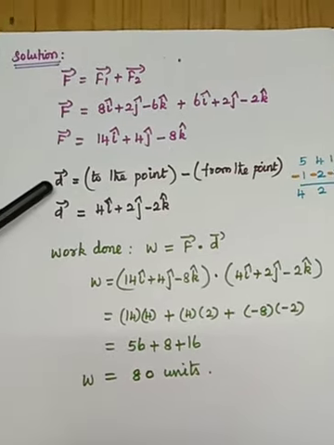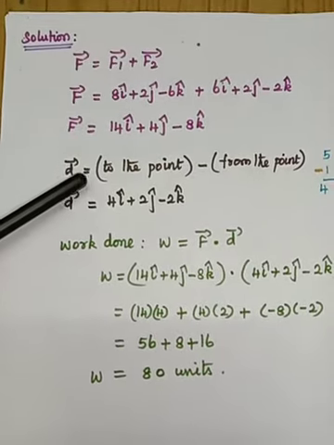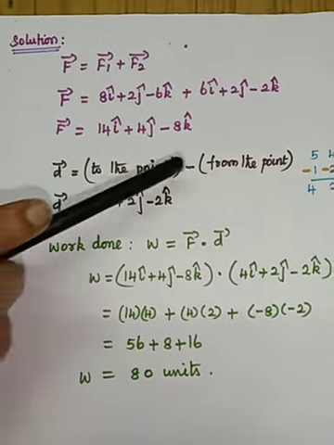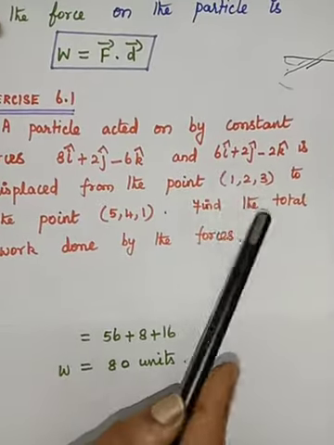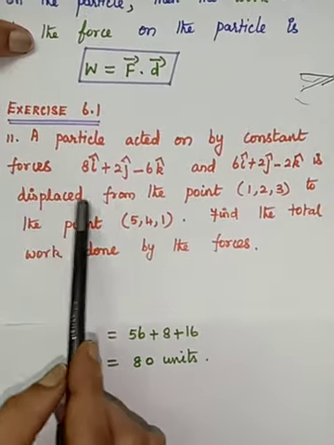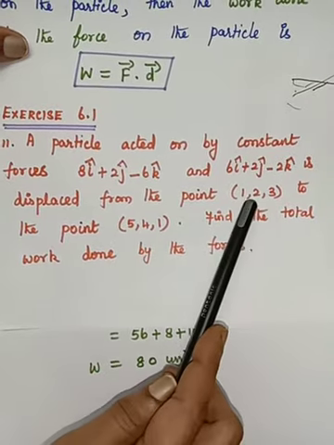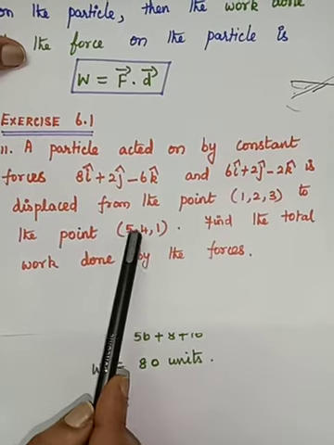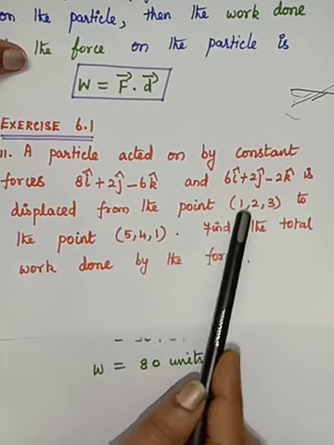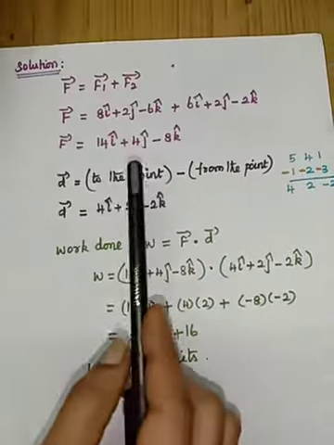Next you have to find the displacement. The formula for displacement is the to-point minus the from-point. The particle is displaced from the point to the point. The to-point is (5, 4, 1) and the from-point is (1, 2, 3). So what is the formula?